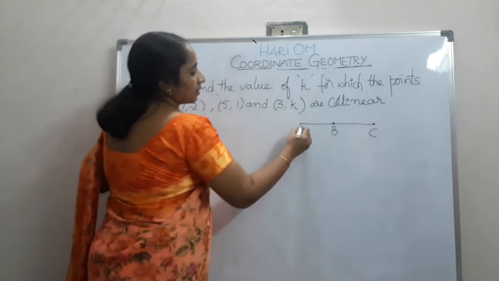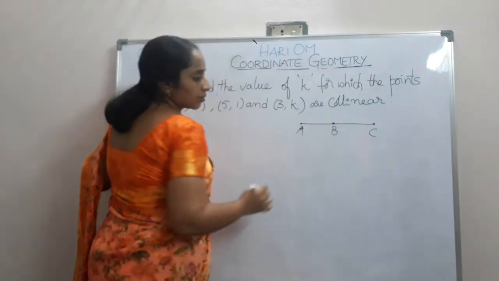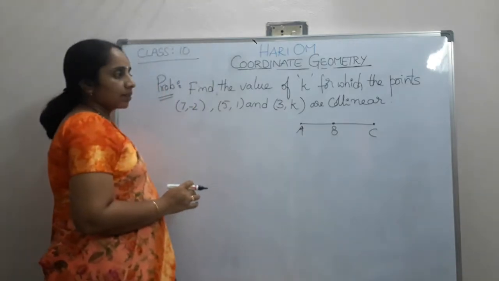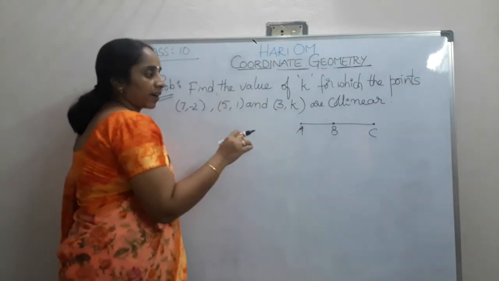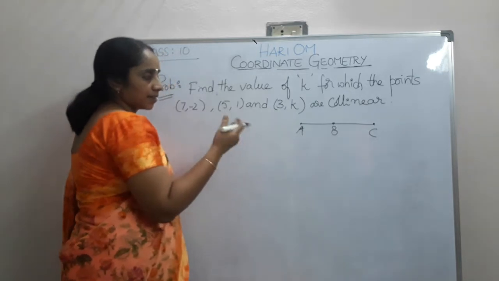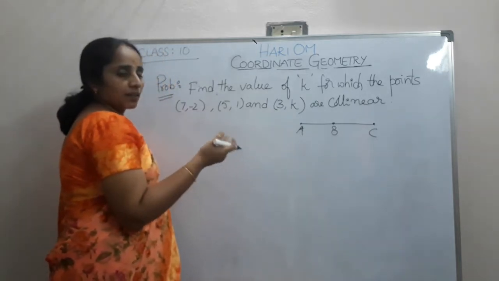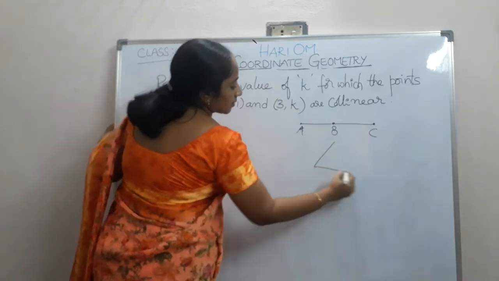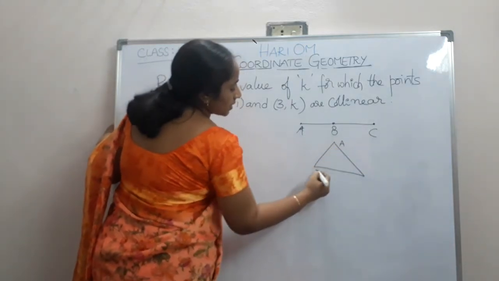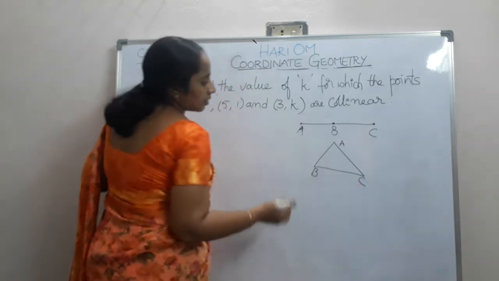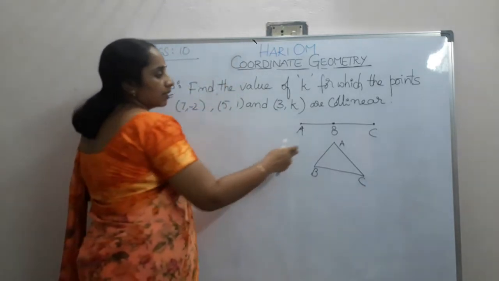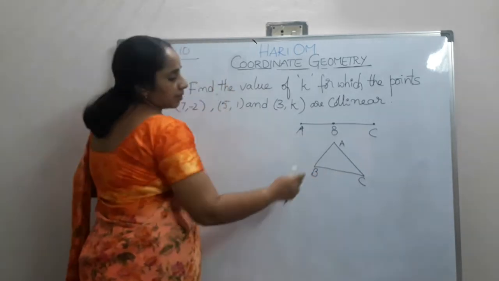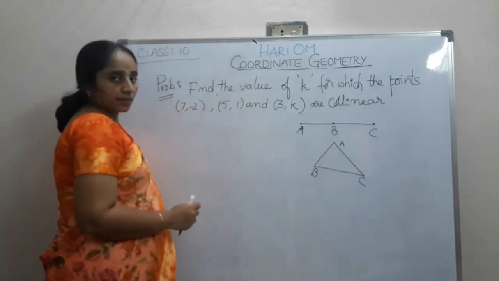How can we find its area as a triangle area? It is impossible. Now suppose the 3 points are not collinear.